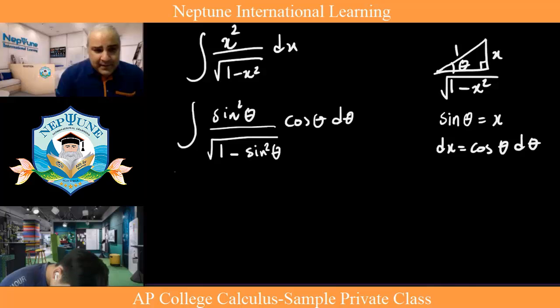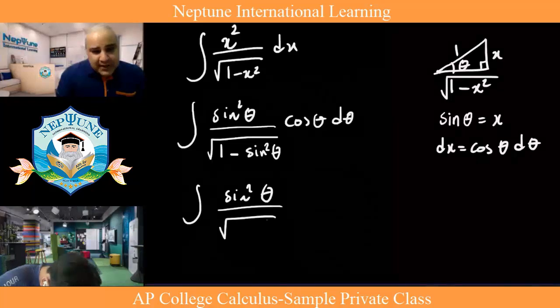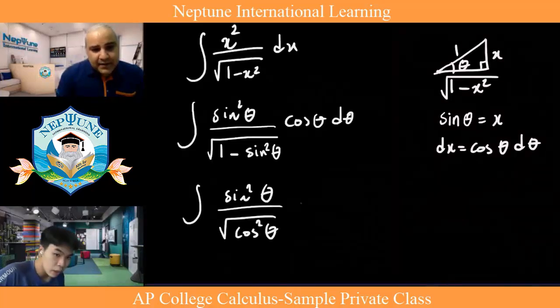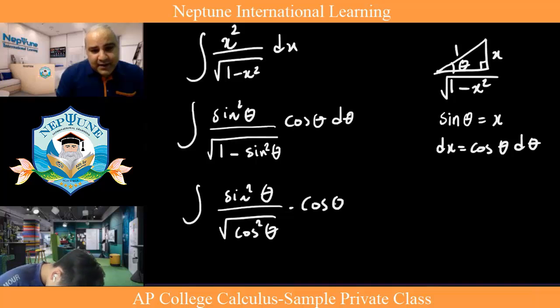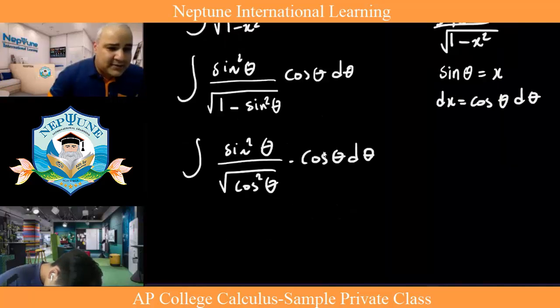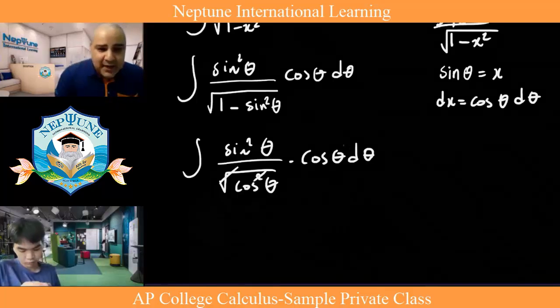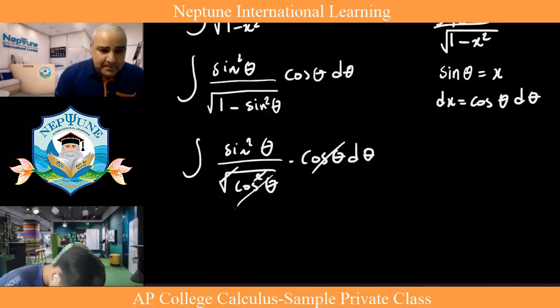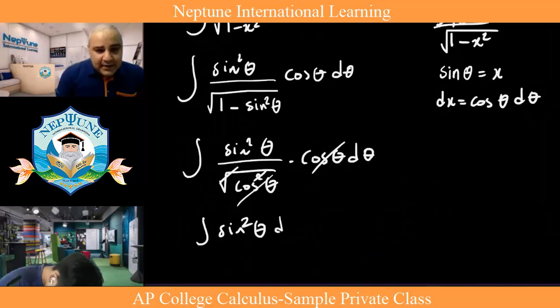So change that one to root cosine squared, and then cosine theta d theta. Now the root cancels the square, and cosine cancels cosine. So all we are left with is sine squared theta d theta.